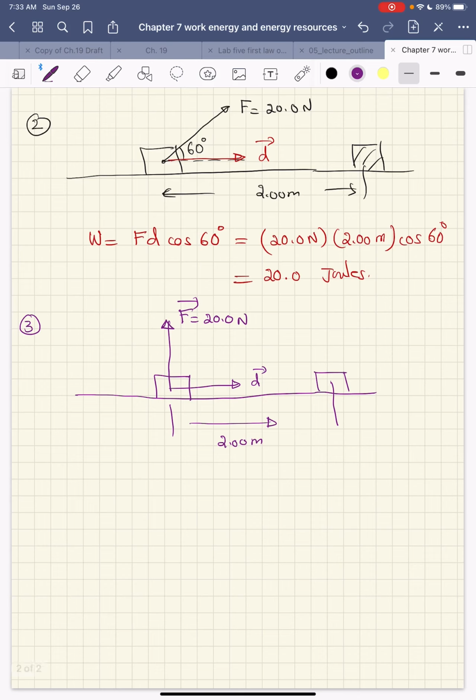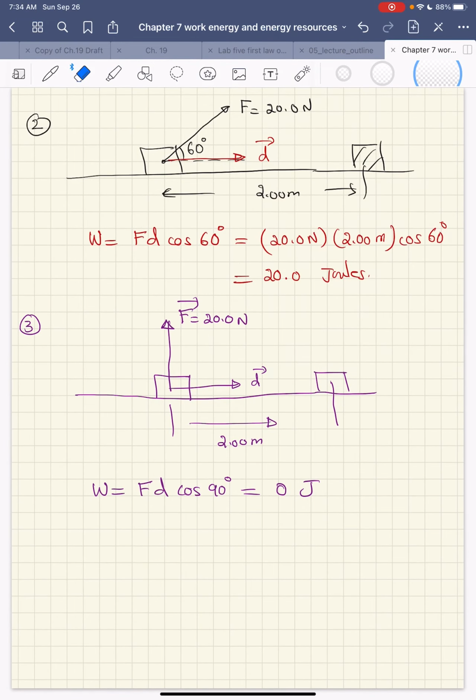Here we will say work is F d cosine 90 and cosine 90 is 0. Then in this case here, we will not get any work. Then the work done in this case is going to be 0 work.